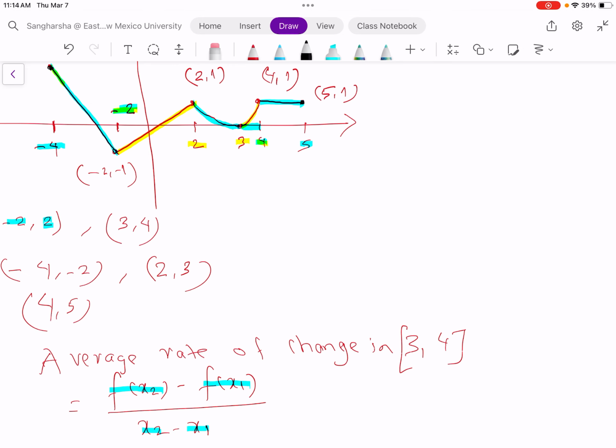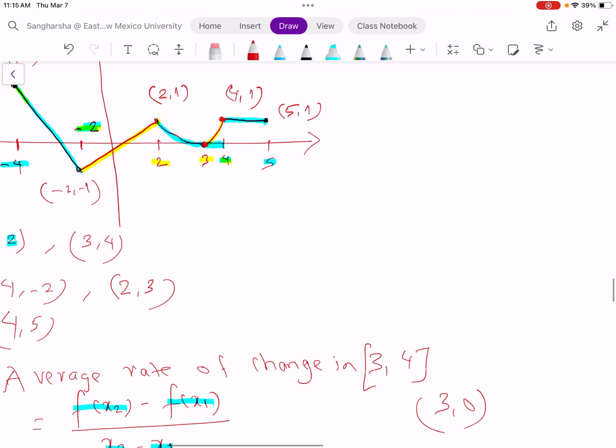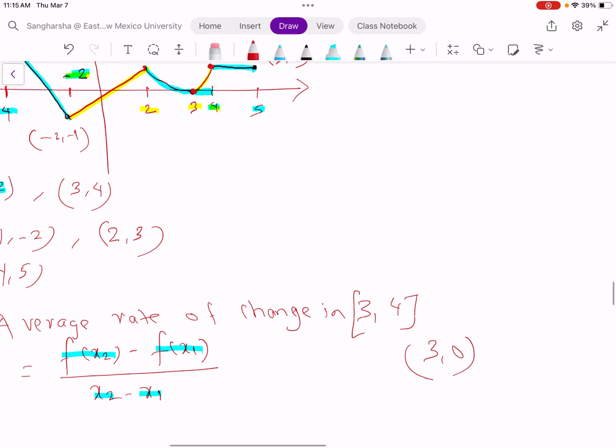Now we have 2 points here. We are starting from this point, and we have this ending point. For the starting point, what is the coordinate? 3, 0, right? And the end point is this one, and the coordinate is 4, 1.